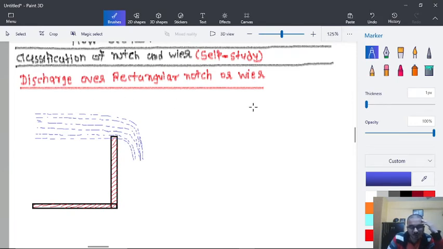There are a few terms that we need to understand.